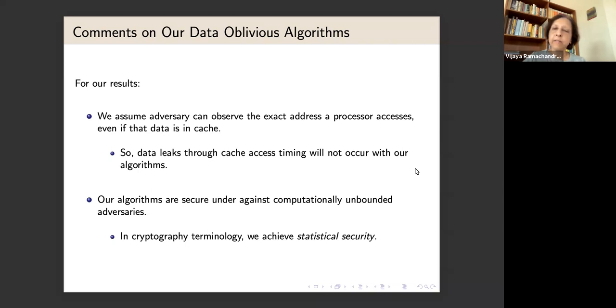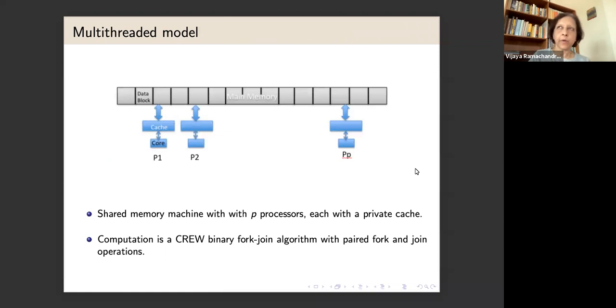And our algorithms are secure against computationally unbounded adversaries. That is, we don't assume that the adversary is, say, polynomially bounded in the amount of effort it can expend. In cryptography terminology, this means that we achieve statistical security. So that is for the data oblivious part of our work.